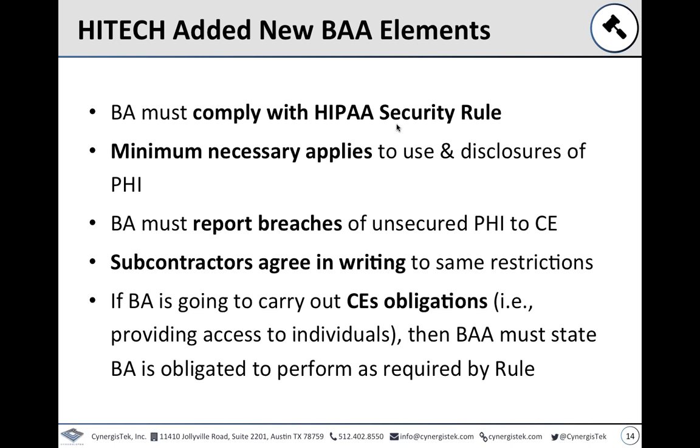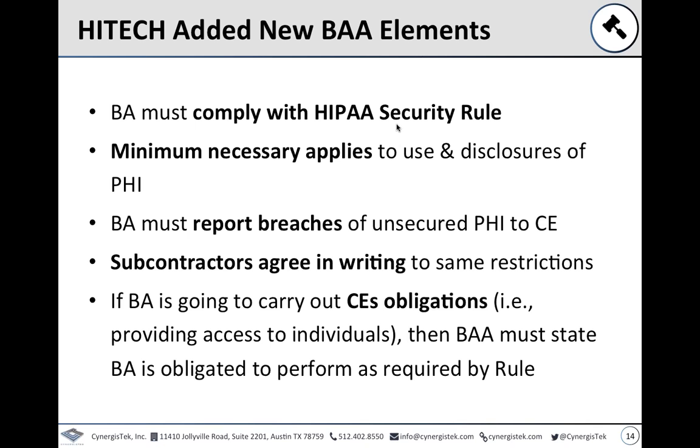And any subcontractors, as we said earlier, are required to agree in writing to their business associate, or the prime contractor, to any changes, and provide assurances that they're going to safeguard the protected health information and only use and disclose it as the business associate could.